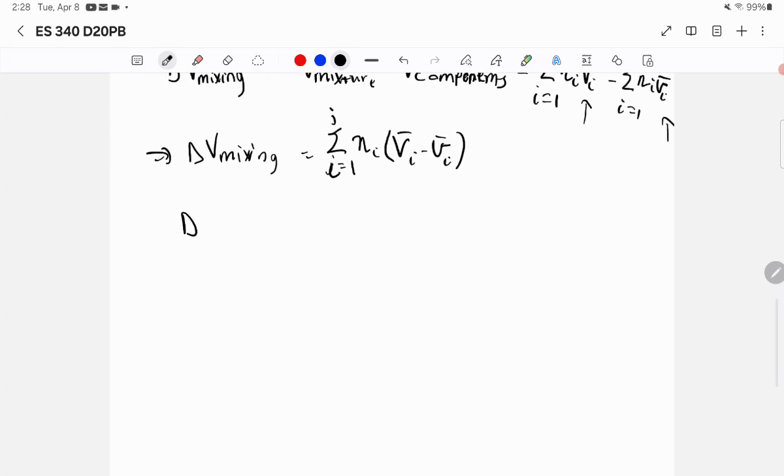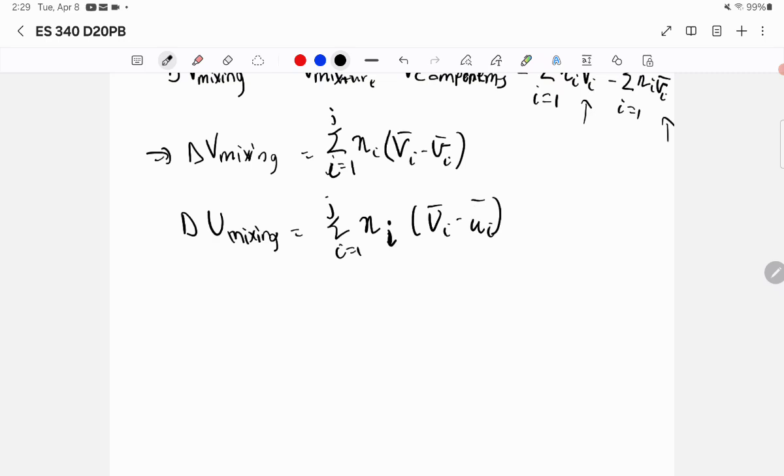And I can get similar things. Again, this can be any x, basically. Any extensive property can be written this way. n_i times (h_i bar minus lowercase h_i bar), and so on. I could do that for, this is u, sorry, not h.